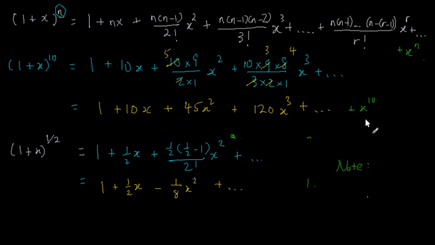So x to the power of 10 is actually the 11th term. So if the power is 10, we have 11 terms. If the power is n, by this pattern, we could see that it will stop at x to the power of n, which is the term number n plus 1.